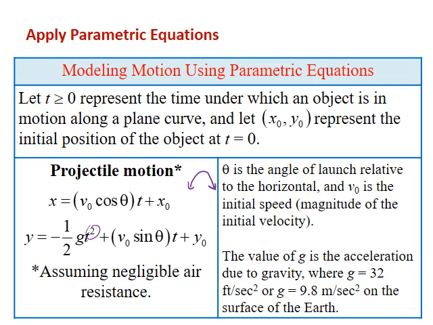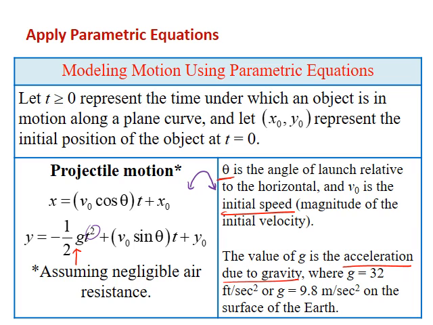So in this case here, we have a lot more going on. Theta represents the angle of the launch. V naught represents the initial speed or the initial velocity. Then when we get to this equation here, G represents the acceleration due to gravity.